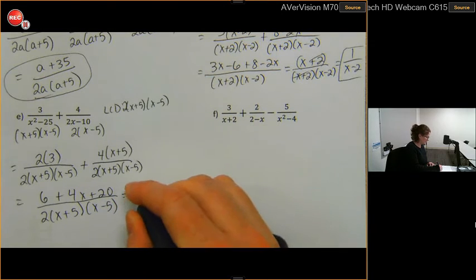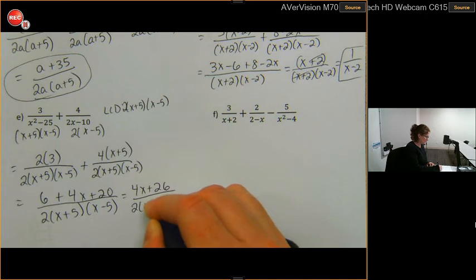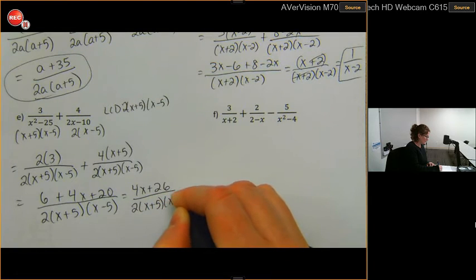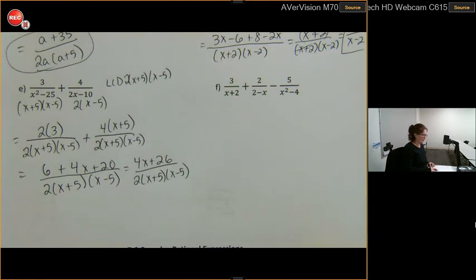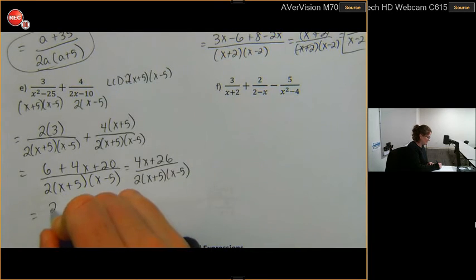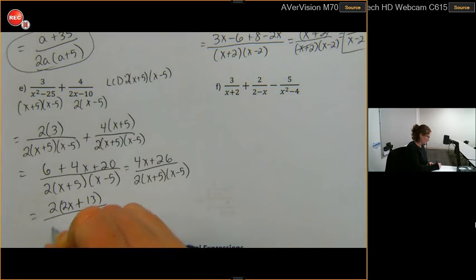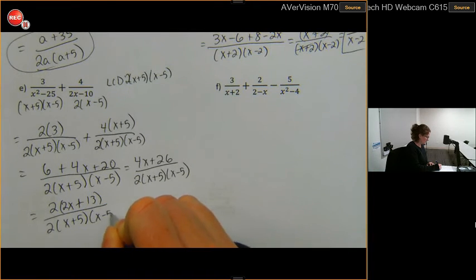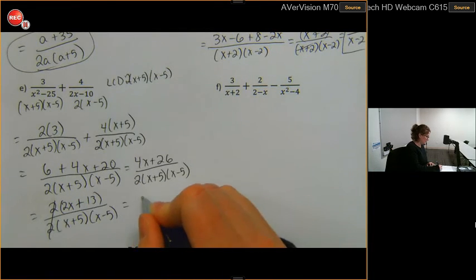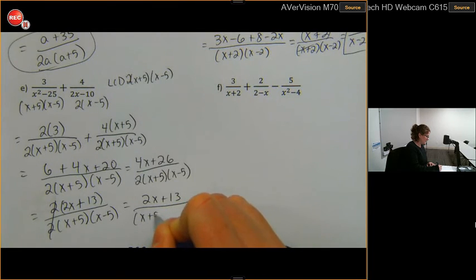Combine like terms. And then factor a 2 out of the numerator. Those 2's will cancel for our final answer.